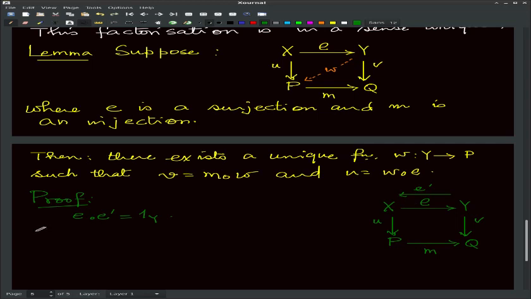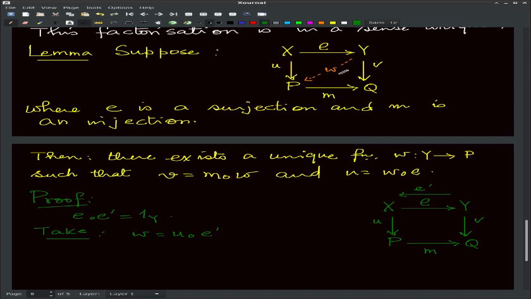So if I have some way to go from Y to X and I compose, does it happen? Let me try and see if this works. So take W equal to U composed E prime.